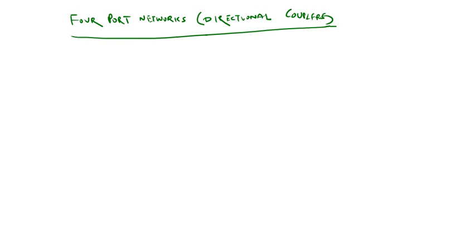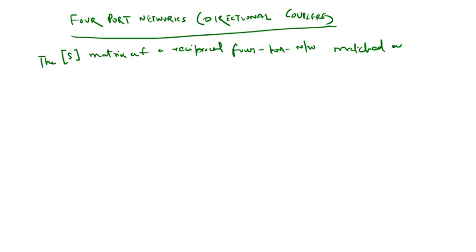So let us see that. The S matrix of a reciprocal 4-port network, and if we are considering that it is matched at all ports, has the following form.